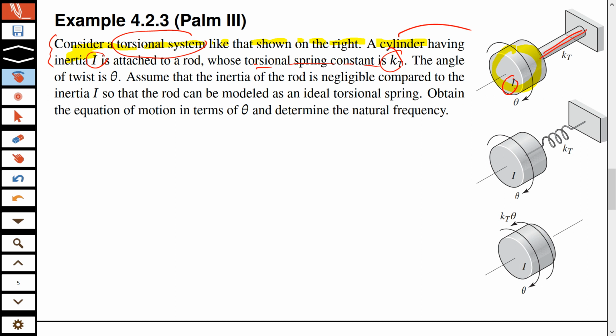But I expect more from you. I expect that even if this is not given, even if this is not clear, I am only telling you that there is a cylindrical rod here. Now let's say I have a rod, and then I have a cylindrical body, and here there is a support. How would I know that I have to model this as a torsional spring and not as a linear spring?